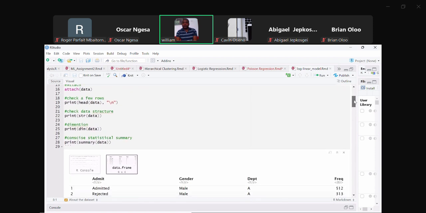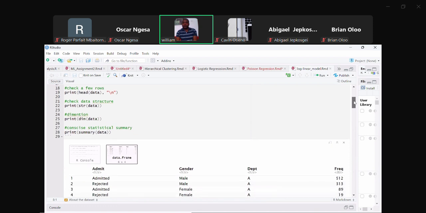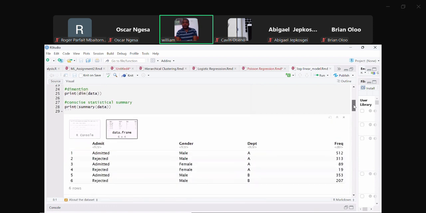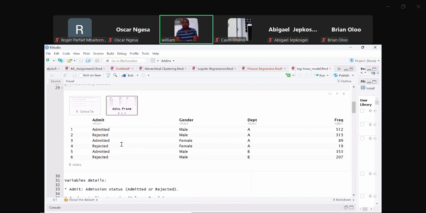We loaded the data, the same thing we did, just checking the head, how the data looks. So you can see here we have admission, which is the main prediction, whether someone will be admitted or not, based on gender, department, and frequency.